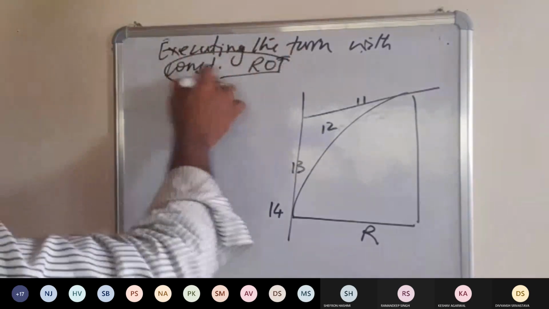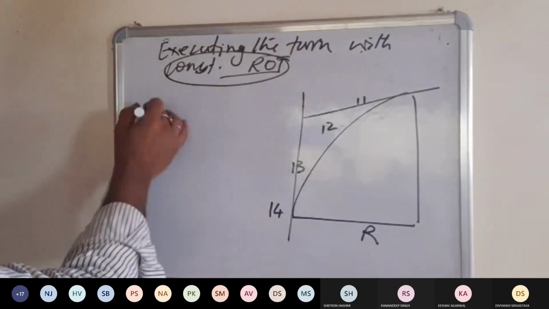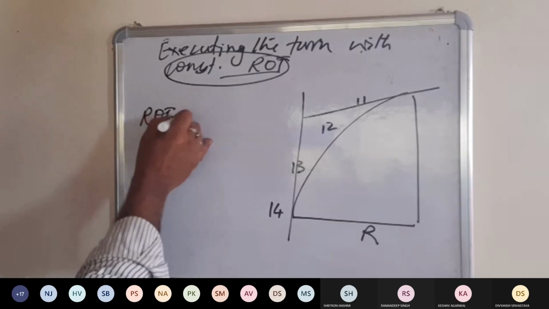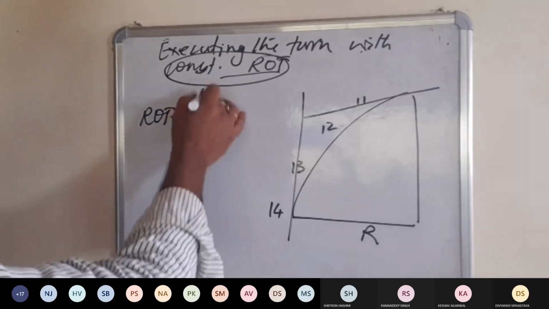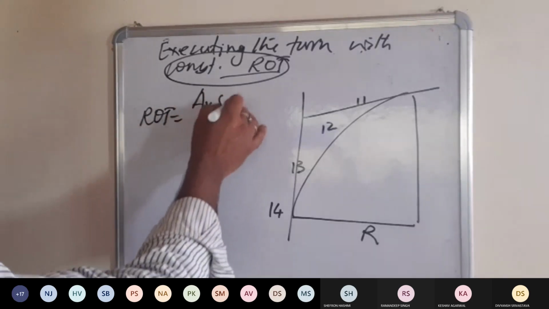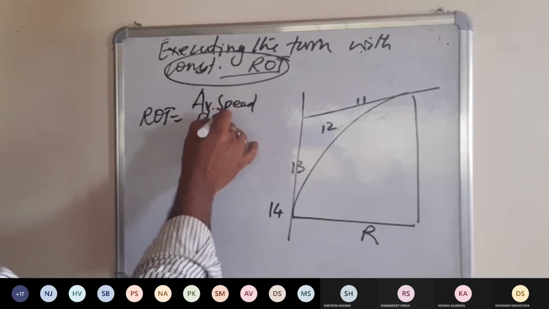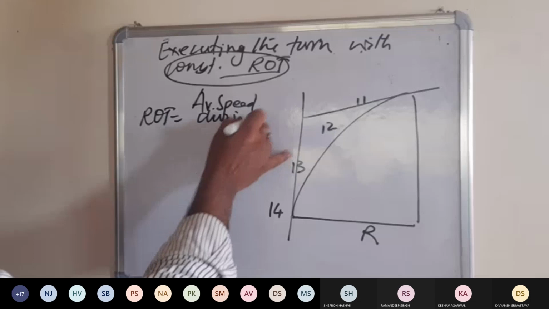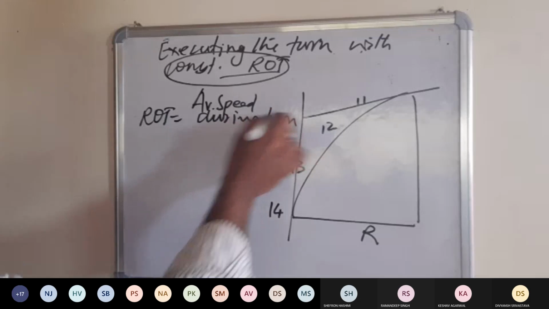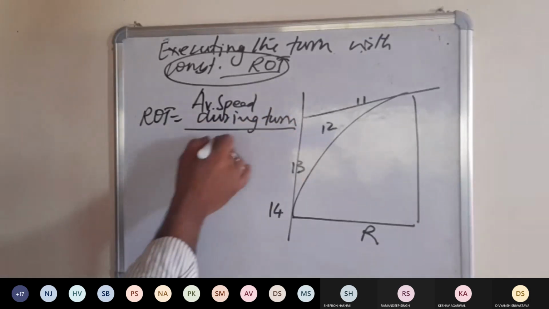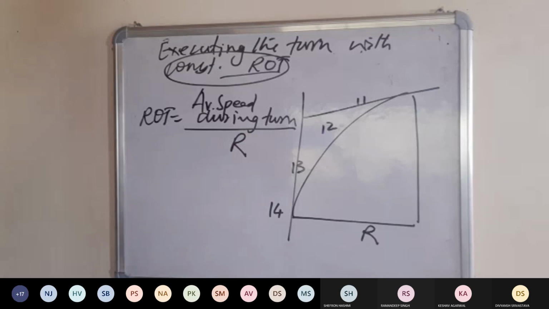In a constant ROT turn, ROT is calculated on the average speed during the turn divided by the radius.